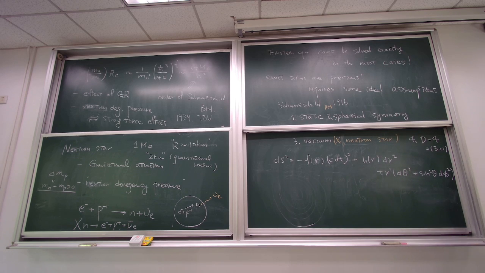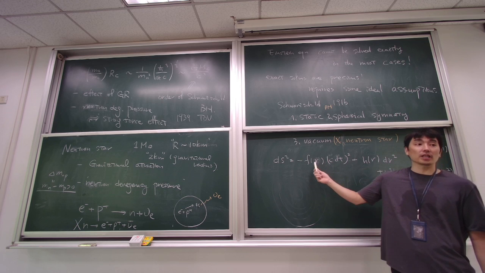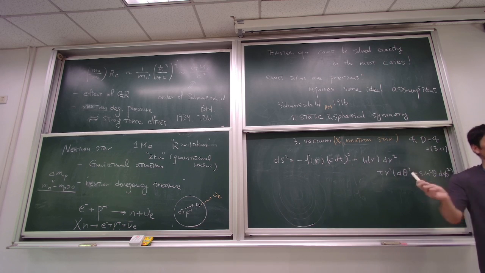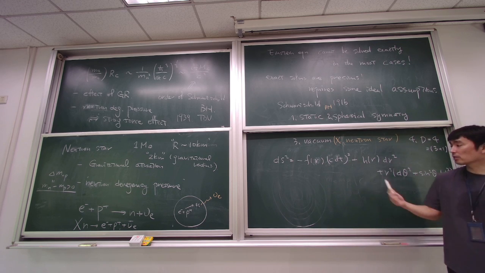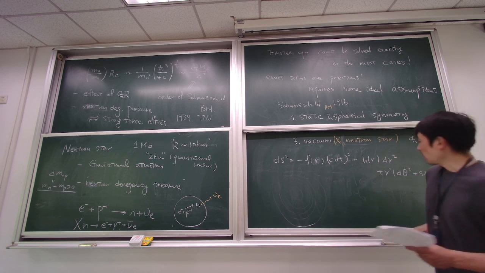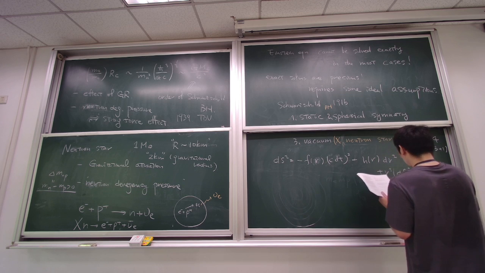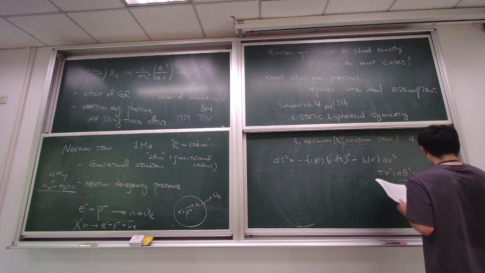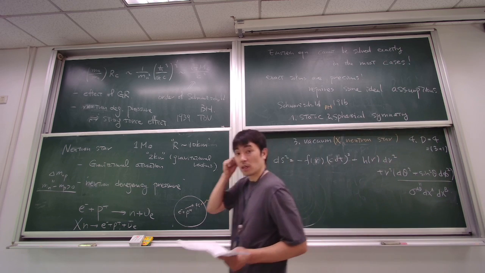Since it is static, there is no dependence on t. Spherical symmetry means the metric depends only on r, the radius, because it is rotationally invariant, and the rest of the spatial coordinates form a 2-sphere. We can call this sigma AB dx^A dx^B.